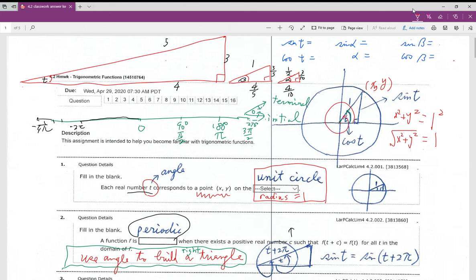We call this a coterminal angle, right? So if you have coterminal angles, they end up in the same position, with the same coordinate (x, y), and you are going to build the same triangle. So basically, periodic is talking about whenever the angles are able to build the same triangle.